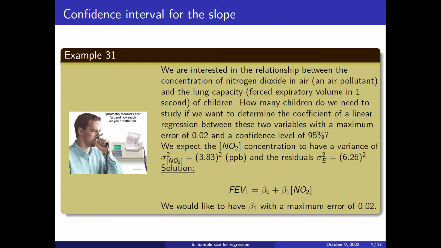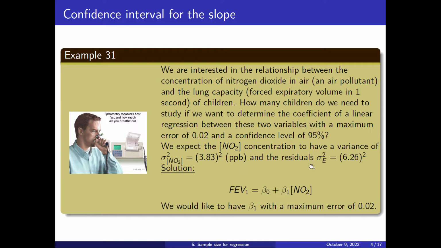The first one is the variance of this NO2. So we will have to rely on previous studies and see how variable the concentration of NO2 is. So it will be 3.83. The variance will be this one squared, and this 3.83 is measured in parts per billion.